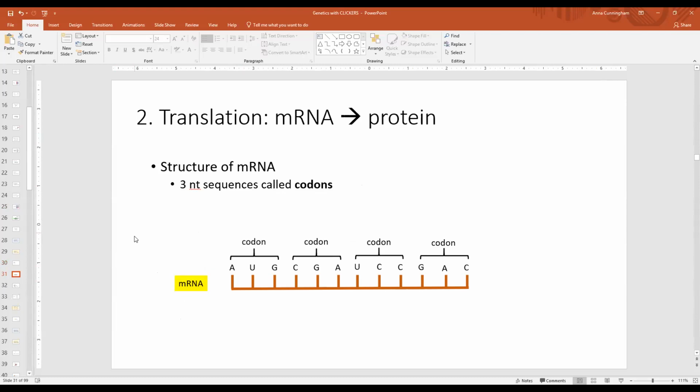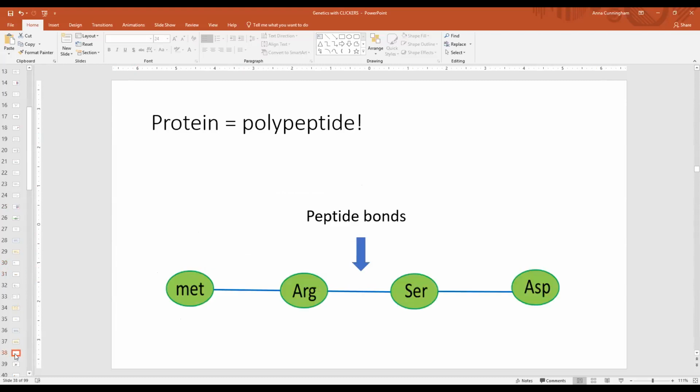So just a reminder that whenever we talk about turning mRNA into protein, it's important to know the structure of a protein. So I'm kind of jumping ahead here, and we'll back up again to review what we talked about. But it's important to know that proteins are made out of amino acids.